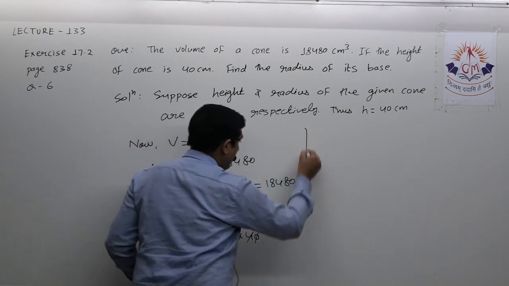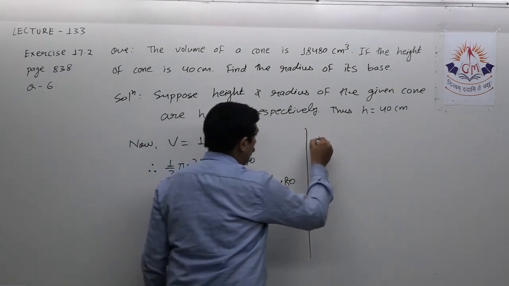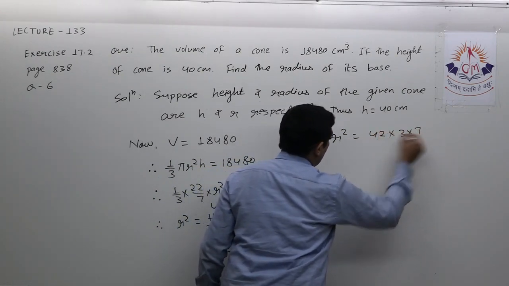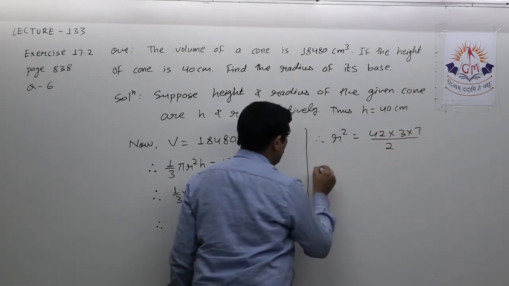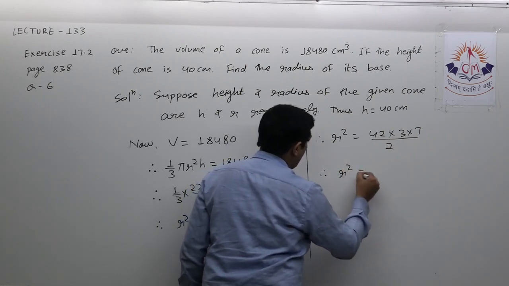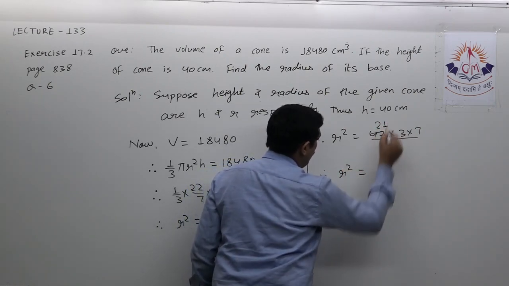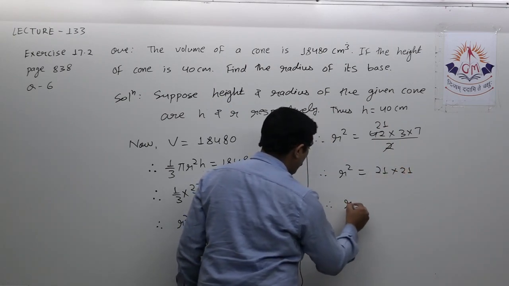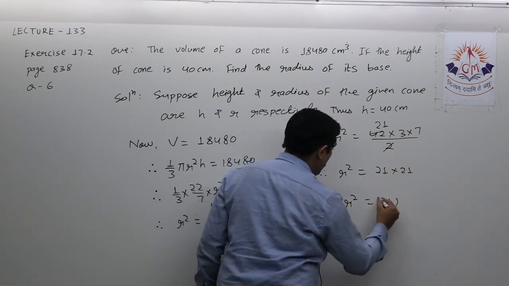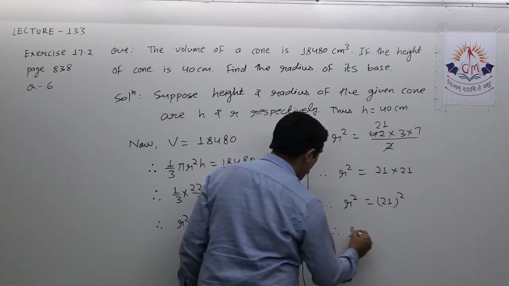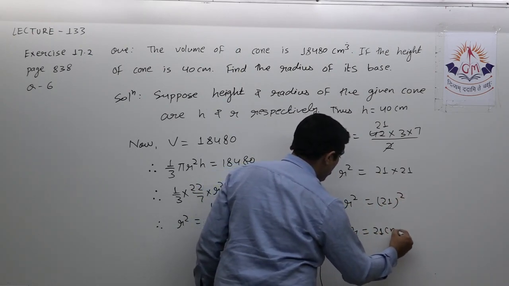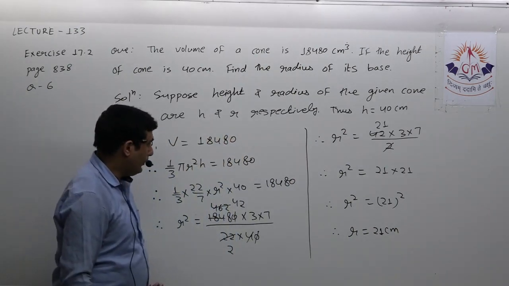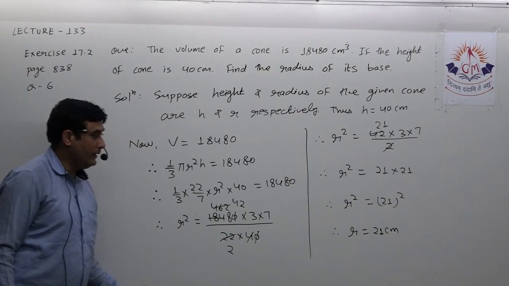Therefore r square is equal to 42 into 3 into 7 divided by 2, that is 21 into 21. So r square is equal to 21 square, therefore r is equal to 21 centimeter. So this is my final answer. Please note it down, then we'll see the next question.